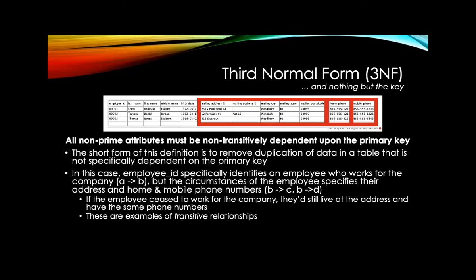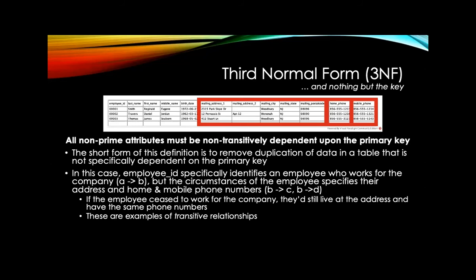So I've got a street address, maybe an apartment at a particular street address in a city, in a particular state with a postal code of 08096. Zip codes change over time in the United States, and they probably do in other countries as well.